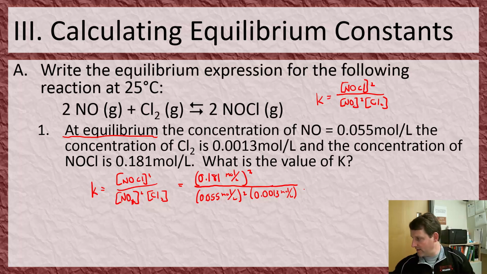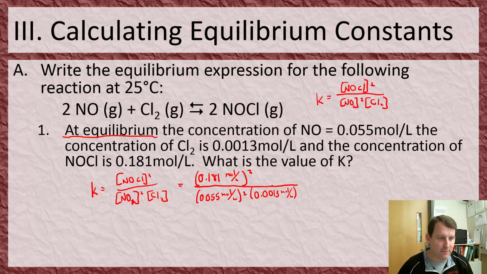And we do this math. This part's kind of interesting because people make a mistake on this. So it should be 0.181 divided by the one down here, 0.055. Whoops, I already made a mistake. So let's go back up here. So 0.181 squared, then divided by 0.055 squared.